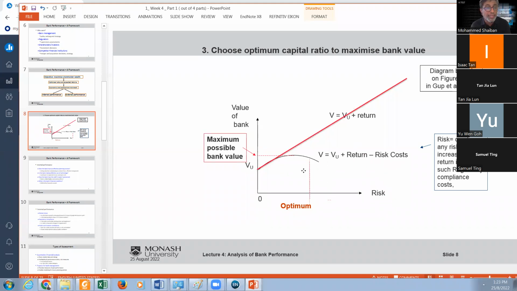I want to bring it here. So when I say maximizing the shareholders' wealth, it's this point, which balances the risk and the return. This is the optimum position.